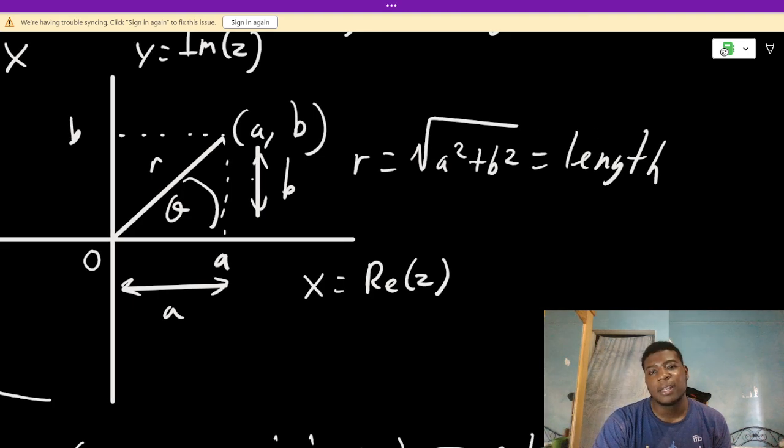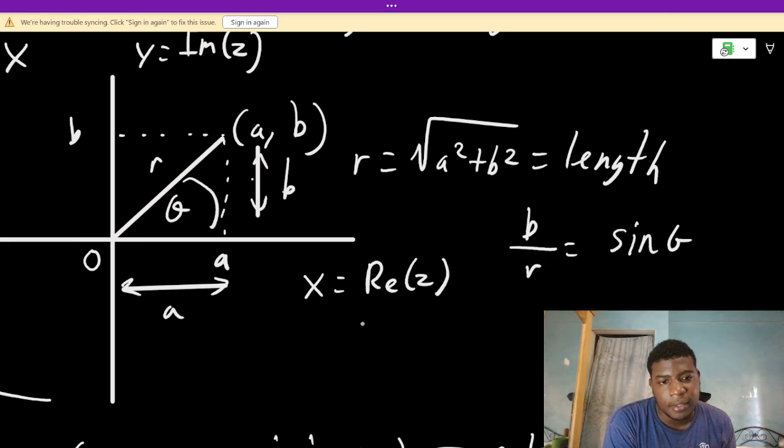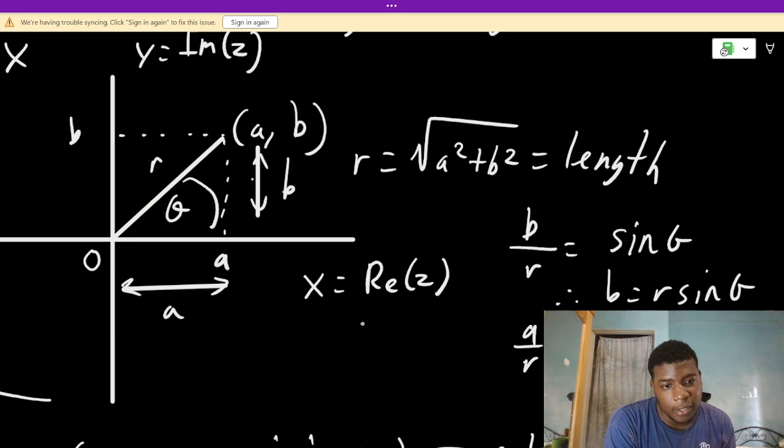Because we know our trig rules, the ratio of b, the imaginary part, and r is equal to the sine of theta. Therefore, b is equal to r sine theta. Same thing with a. a over r equals cos theta. Therefore, a equals r cos theta.